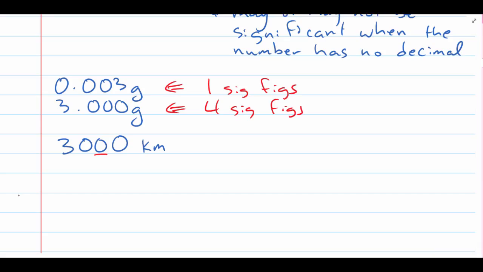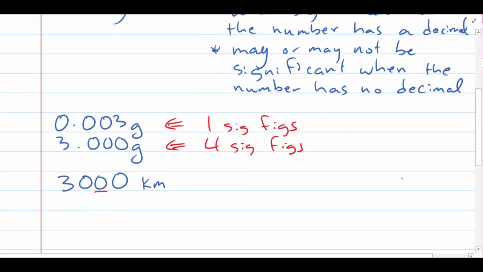So that's why we say, yes, it does kind of have a decimal, but when we don't write it in, we don't know how precise that estimation is. And so as a result, we say that when there is no decimal shown, those trailing zeros may or may not be significant.